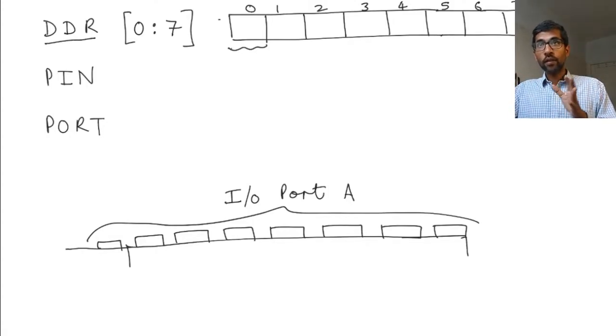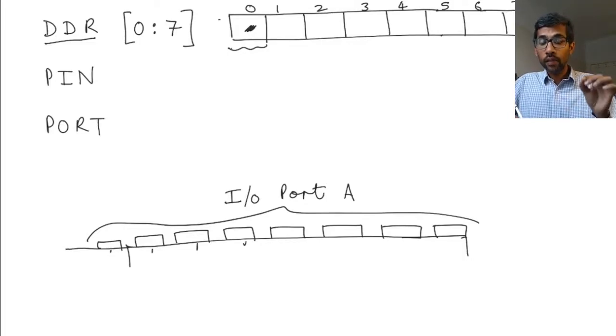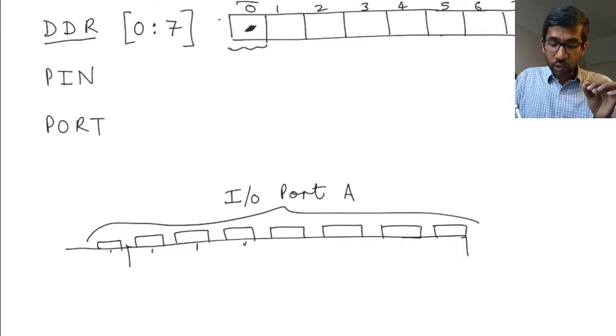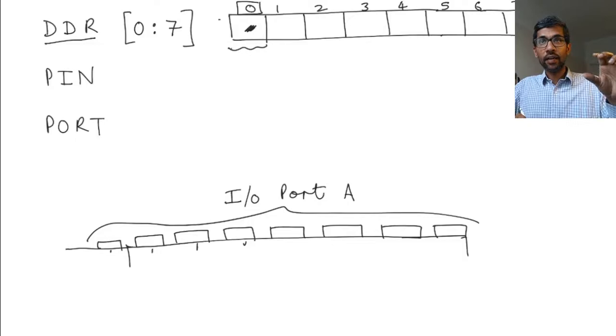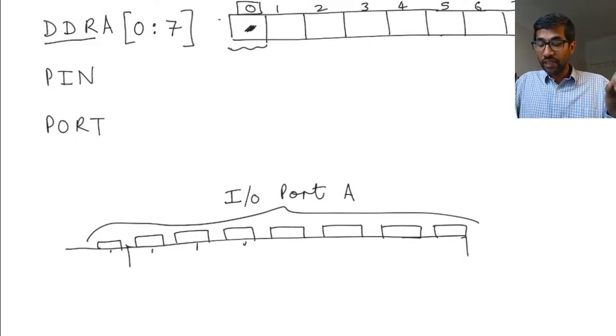Now what we say is we allocate this data direction register, which has 8 bits, with each bit corresponding to one of these pins. Let's call it DDR A to associate it with port A. So the 0th bit of DDR-A controls whether the 0 pin in port A is input or output.